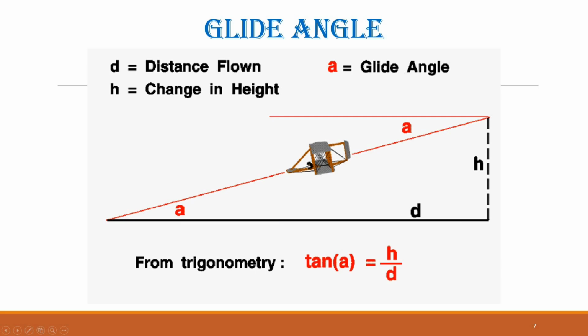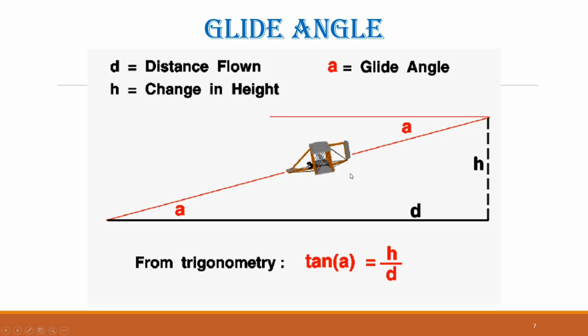Once the glide angle is known, the same relationship can be used to predict how far the glider will travel for a chosen loss in altitude. A small glide angle means the glider covers a large horizontal distance for every unit of height lost. This is the kind of performance associated with efficient gliders.